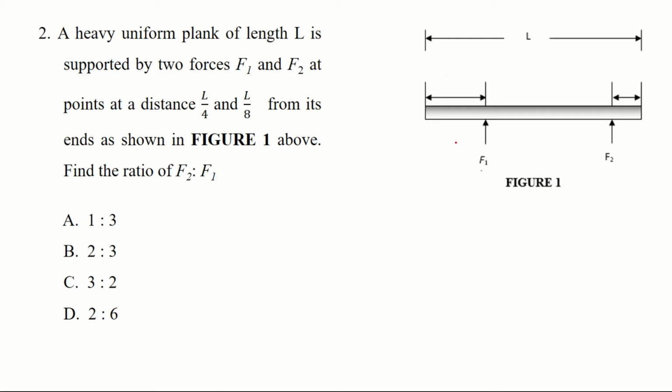So it means L per 4 from one end to F1 and L per 8 from the other end to F2, and the weight of the heavy uniform plank acts at the center, in the downward direction.